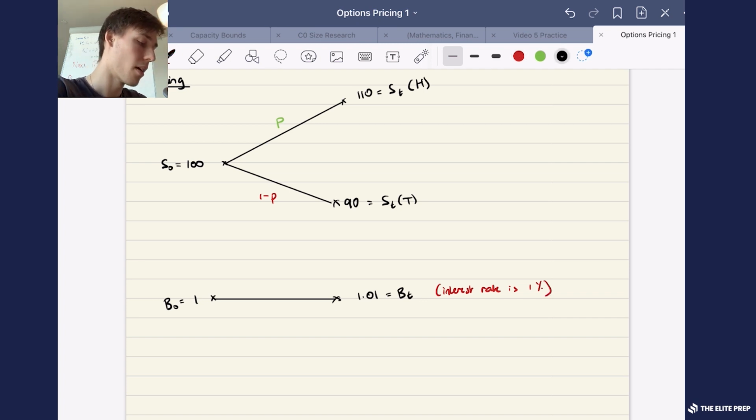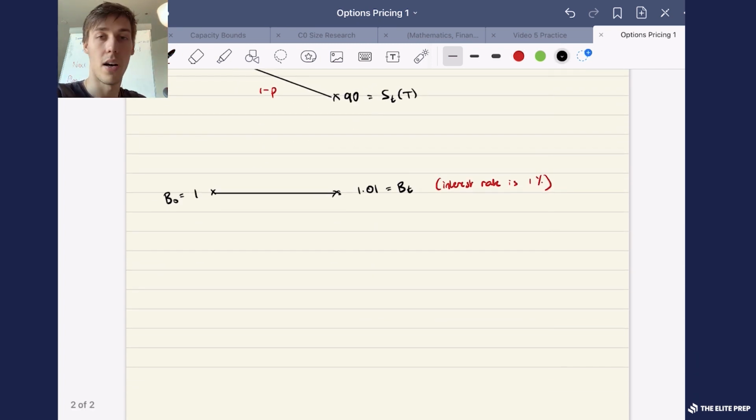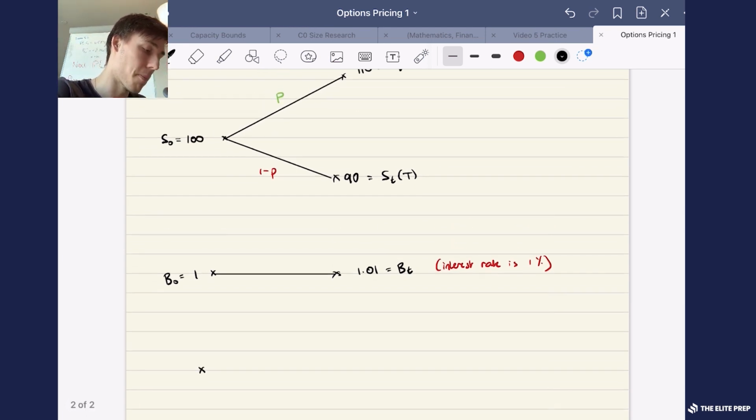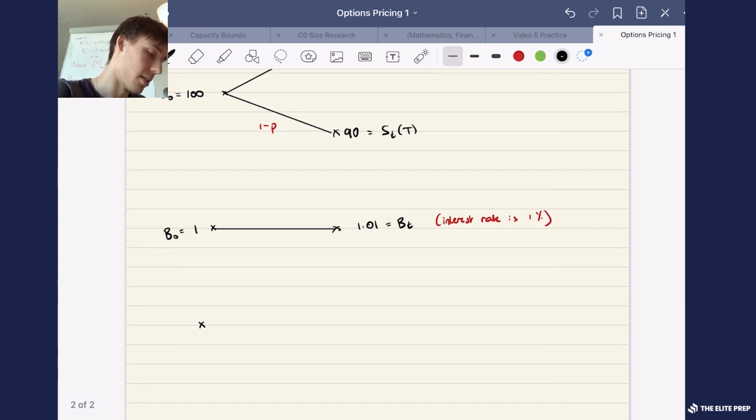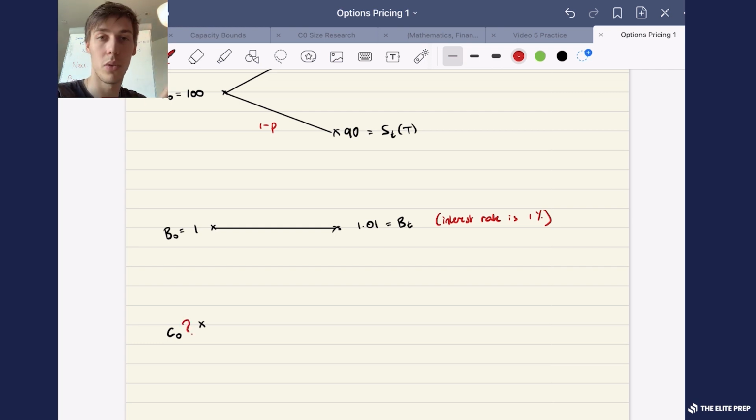Finally, we also have our call option, which behaves in a way that depends on our stock. The call option at time 0 is something we don't know. We want C0, the price of the call option at time 0.